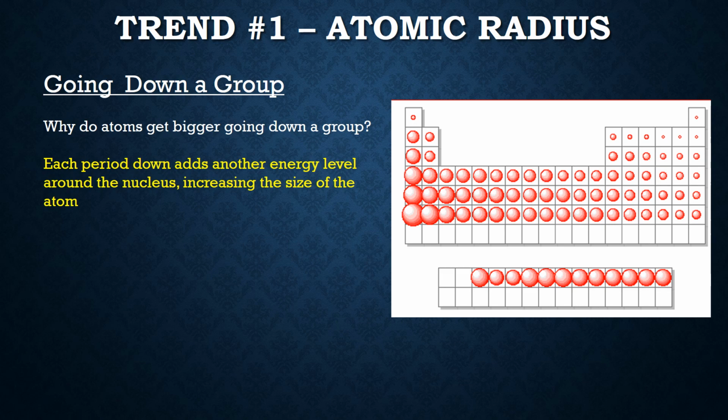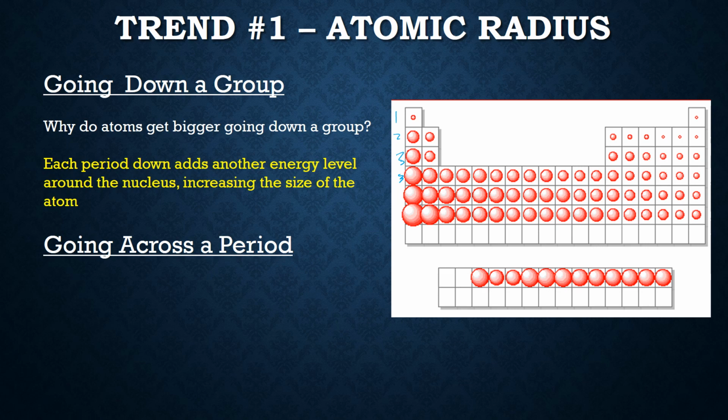As soon as you add another layer, you're now bigger. Think of it as putting on layers of coats. Every time you go down a row on the periodic table, you're adding on another layer, another coat. So you're getting bigger and bigger and bigger because you have more and more layers the further down the table you get.